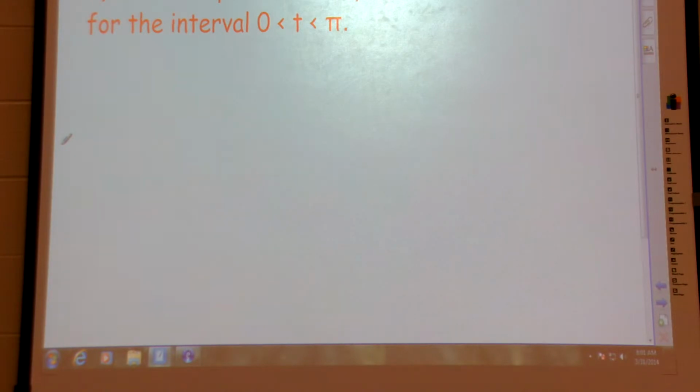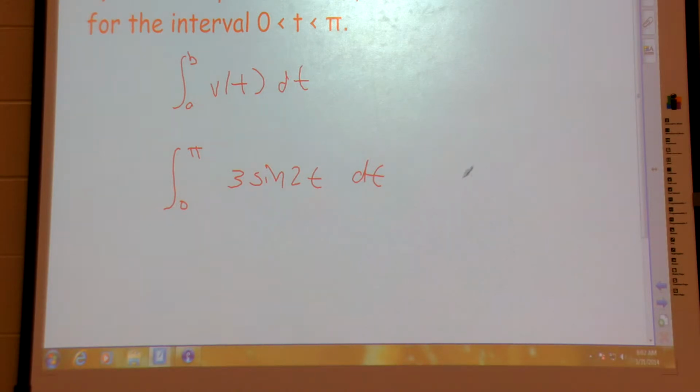Let's find the particle's displacement. Now, displacement is defined as f of b minus f of a, but I don't have f. It's the integral of v of t dt from a to b. So in our case, the integral from 0 to pi of 3 sine 2t dt.